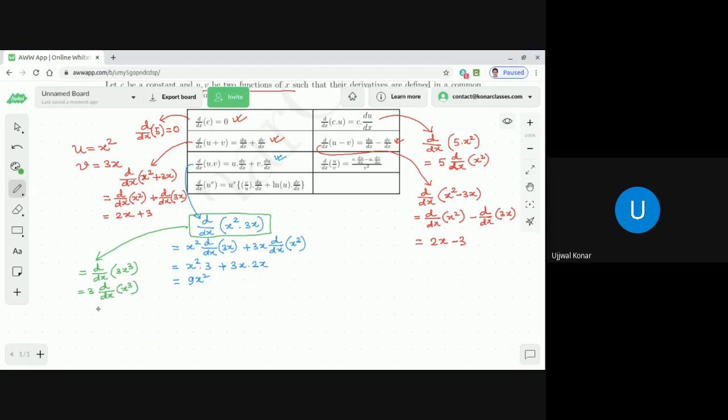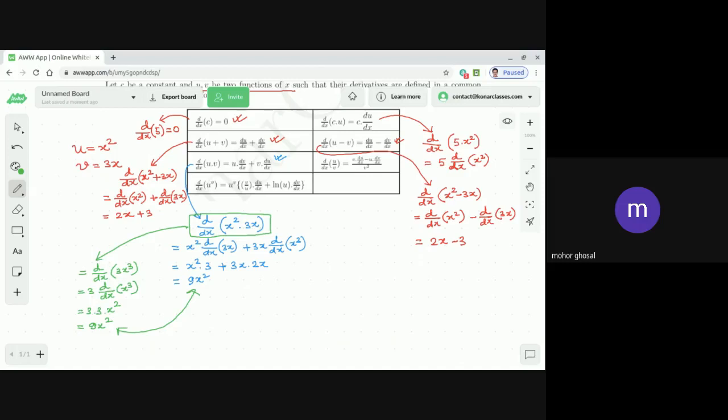What is the formula for d/dx of x cube? If we apply the formula, we get 3 into x square. That is equal to 9x square, and we get the same result. I hope all of you got it.